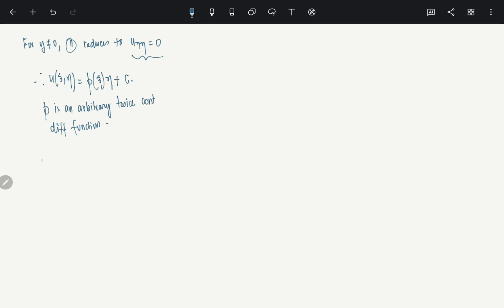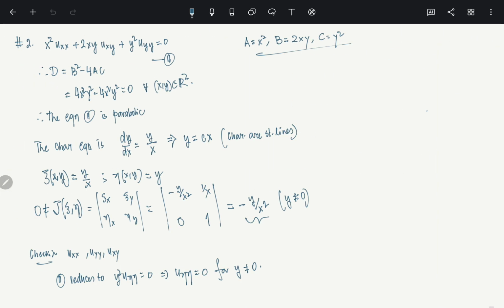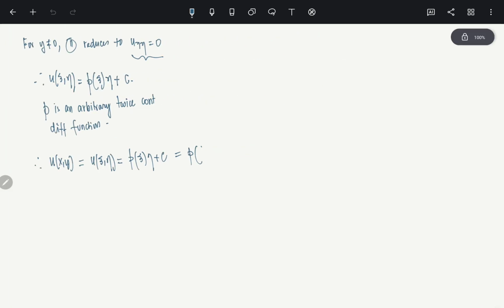Now you see, therefore what is u of x, y, the solution of 2? That is basically u of ξ, η, right? And what is u of ξ, η? It is basically p of ξ times η plus c. So what is p of ξ? p of ξ is given by y by x, right? So this is p of y/x times η.